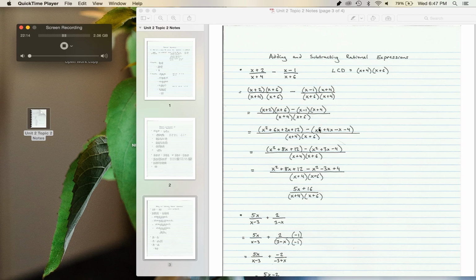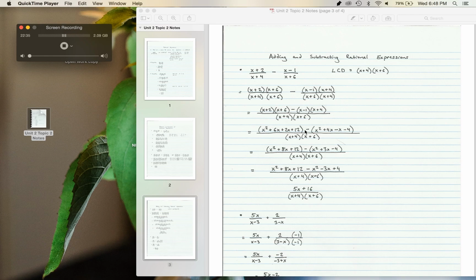I'll do the same thing with the other one. X times x is x squared, x times 4, 4x, and negative 1 times x, negative x, negative 1 times 4 is negative 4. So I've rewritten those top expressions as their original quadratics, and I've kept this minus sign in my parentheses.